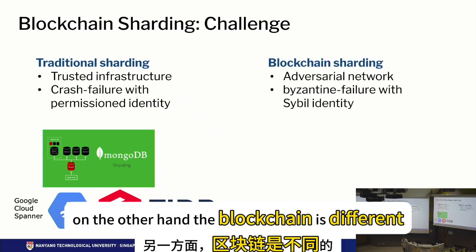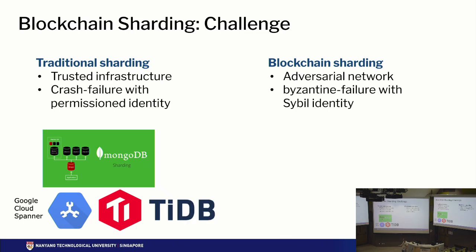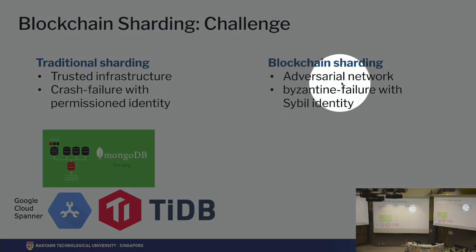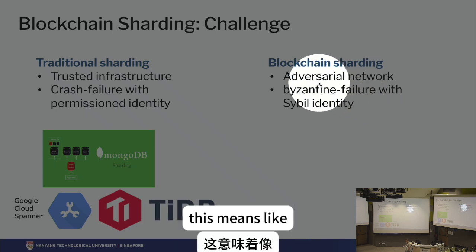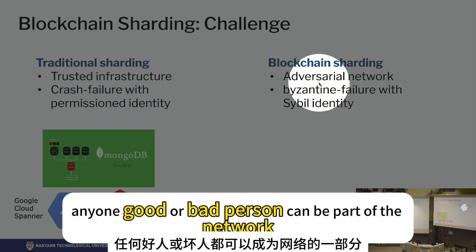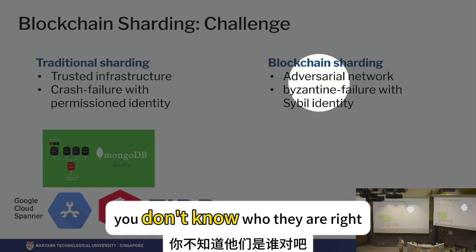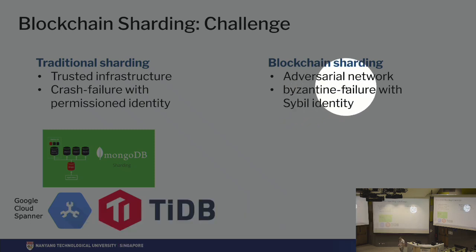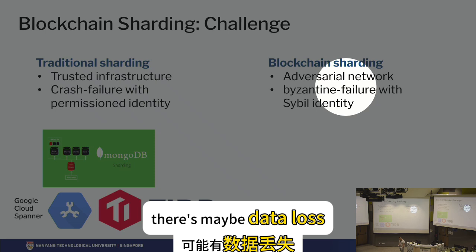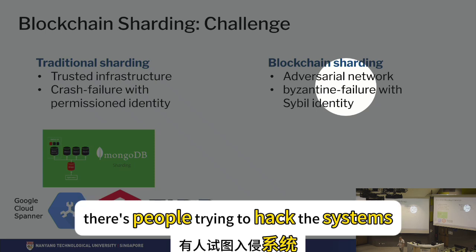On the other hand, the blockchain is very different. It's an adversarial network. What does this mean? It means anyone, good or bad, can be part of the network. You don't know who they are, right? And also it's a Byzantine failure, which means there may be data loss, there are people trying to hack the systems.